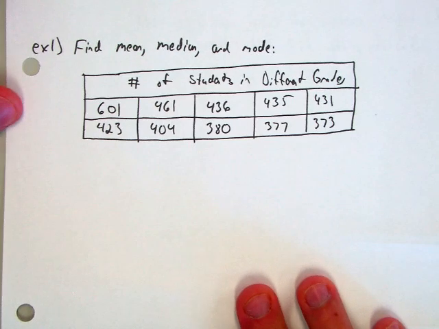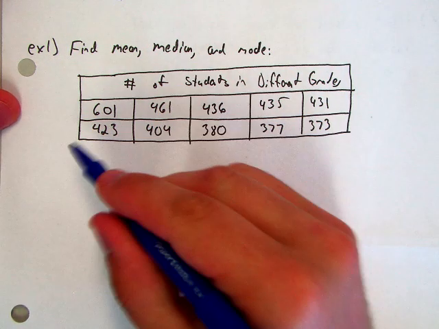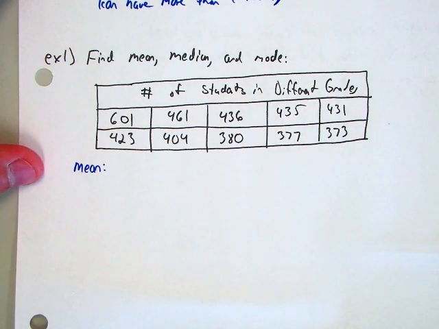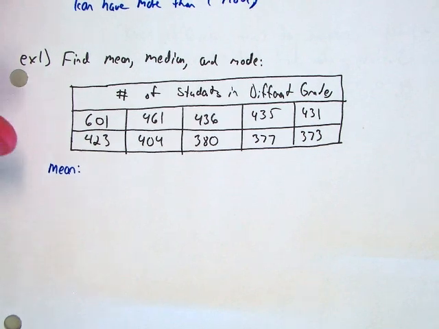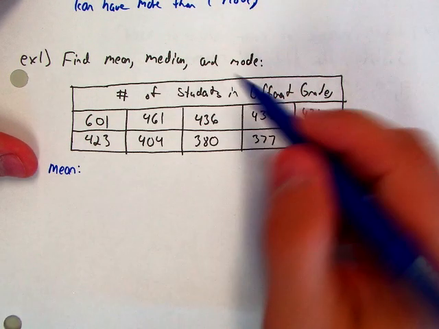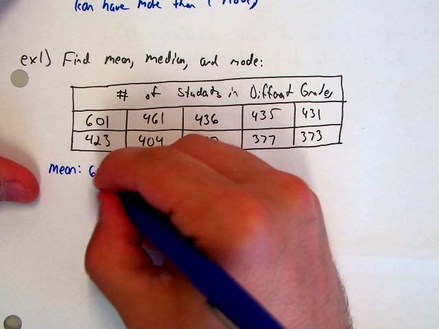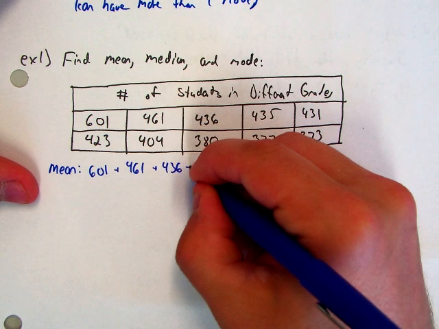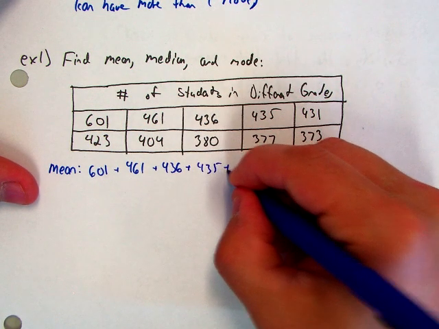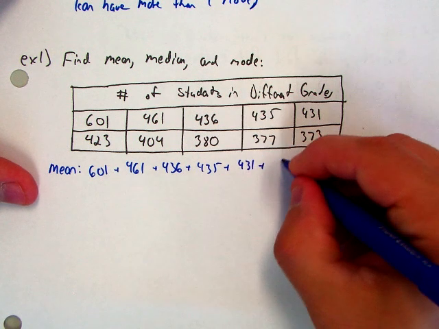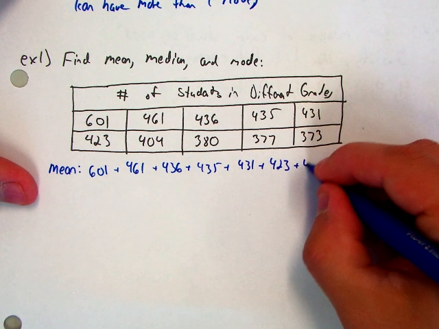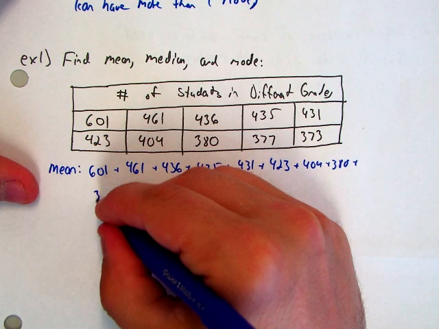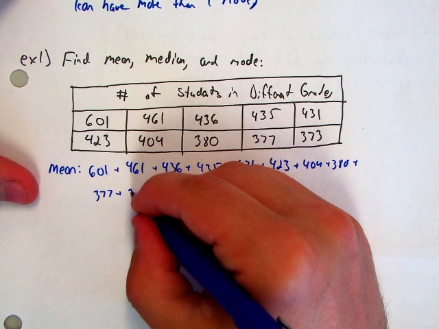So it says find the mean, median, and mode of this set of data. So first of all, the mean. The mean is, first of all, I want to add up all my data points. So I want to have 601 plus 461 plus 436 plus 435 plus 431 plus 423 plus 404 plus 380 plus 377 plus 373.